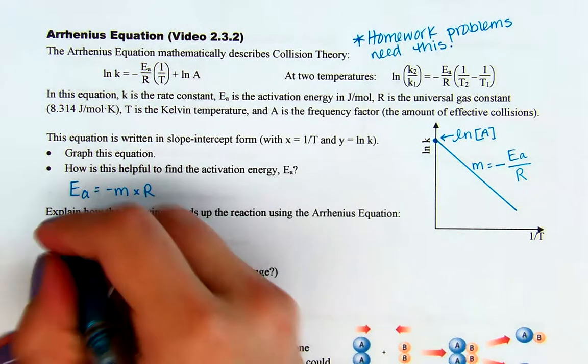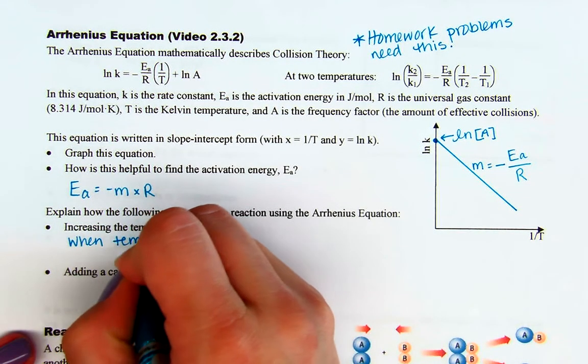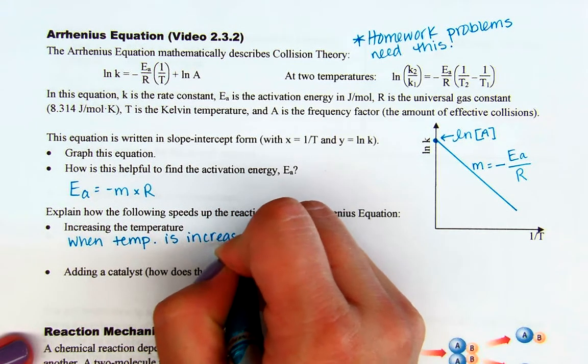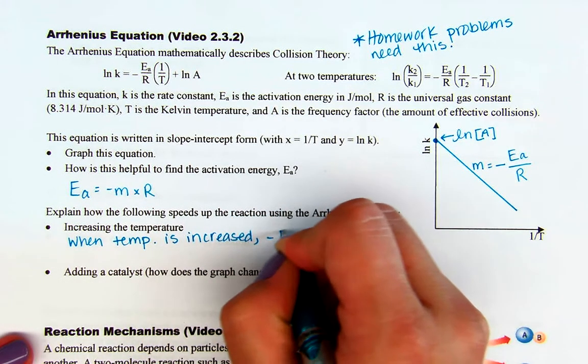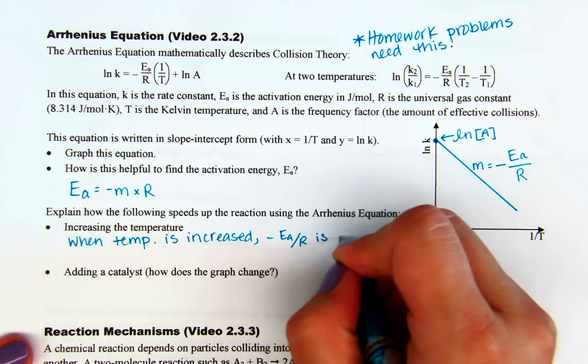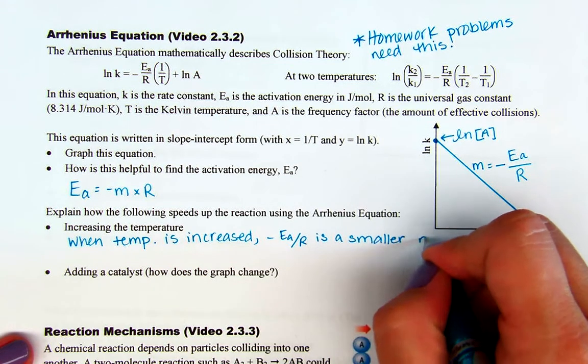So when your temperature is increased, negative EA over RT, that whole term, is a smaller negative number.